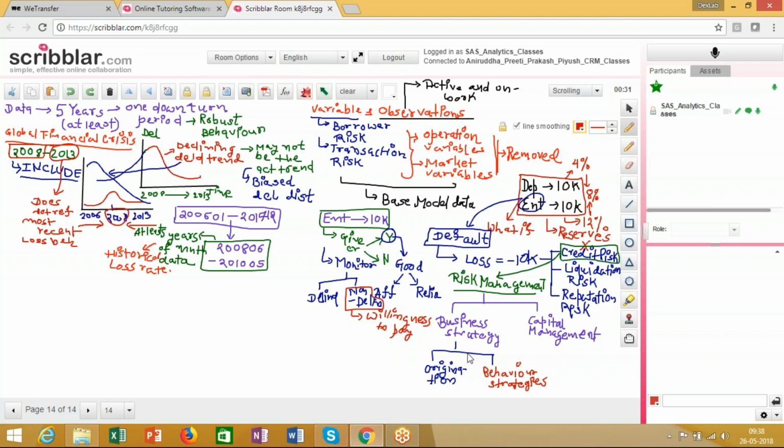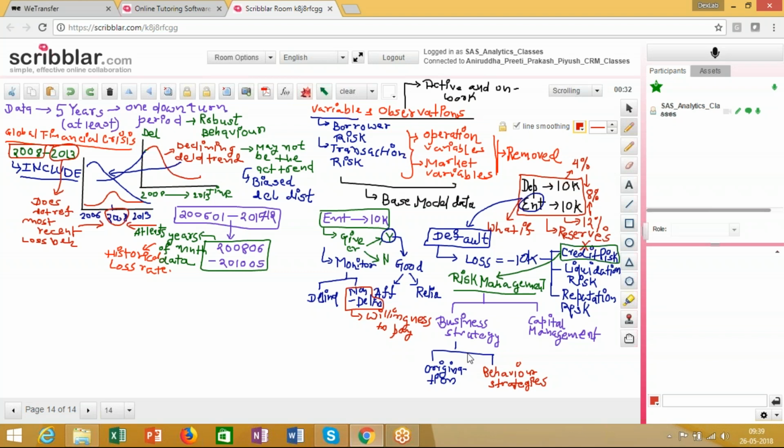So you need to manage capital very optimally, and that is where the role of capital management comes in. And the guidelines laid out for this capital management are the very famous Basel Accords that we get to know.